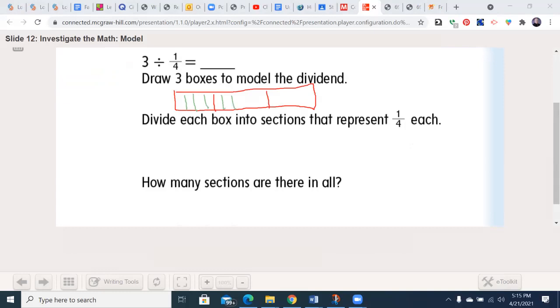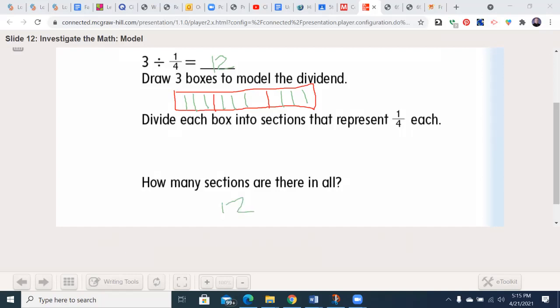In all honesty, it won't matter if your pieces are exactly the right size, because we're just looking for counting. That's where we get each one being a quarter. How many sections were there in all? You could count them: 1, 2, 3, 4, 5, 6, 7, 8, 9, 10, 11, 12. So there are 12 sections in all.